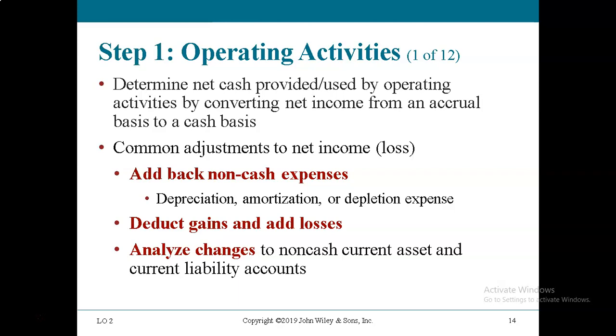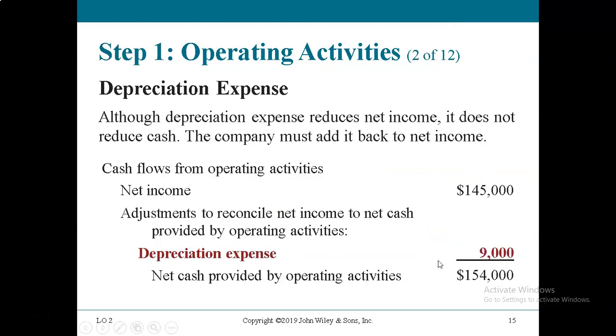So we don't want to include the gain and the loss in two places. To cancel out the gain and cancel out the loss, you deduct the gain and you add the loss. Finally, in the third step, we're going to look at all of our current assets and current liabilities. That's going to be in the operating activities section.